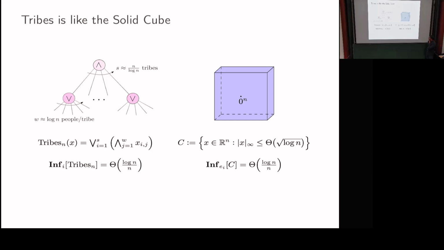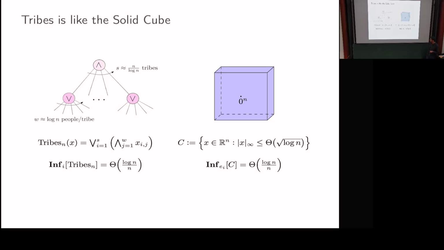I also wanted to mention that there's a basic property of Boolean influences, which is that if a coordinate has 0 influence, then the function is independent of that coordinate. You just average it out, the function does not change. And it turns out that the same thing holds for convex influences as well, although it's much more difficult to prove.